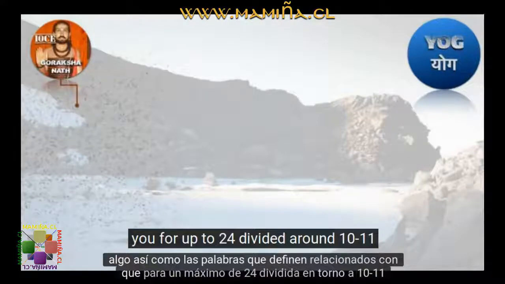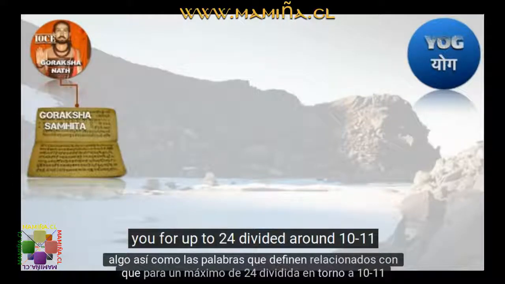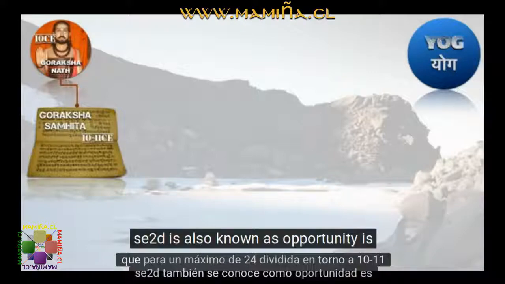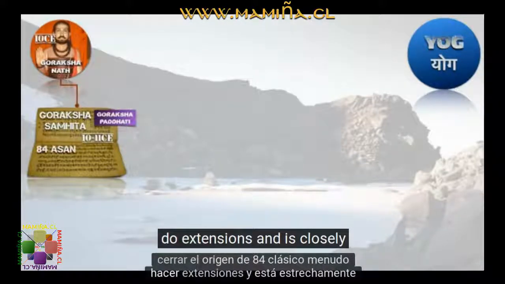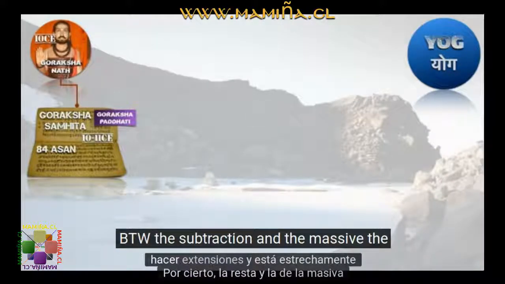Goraksha Samhita, codified around 10th to 11th century, is also known as Goraksha Paddhati. It describes the origin of 84 classic asana, though it mentions and describes only 2 in detail, the Siddhasana and the Padmasana.